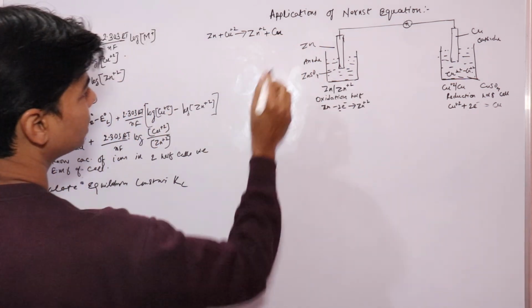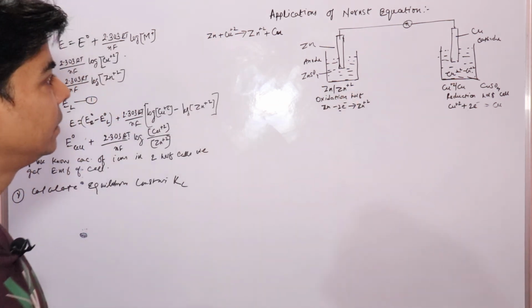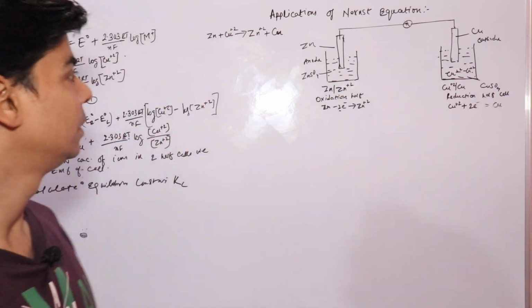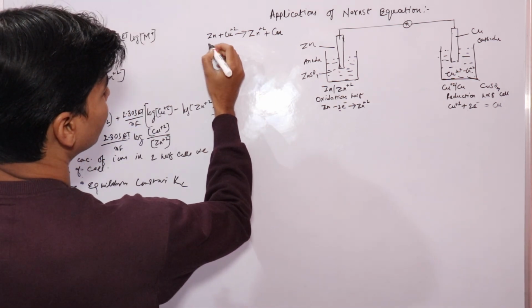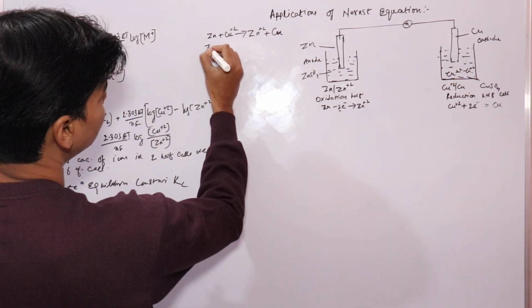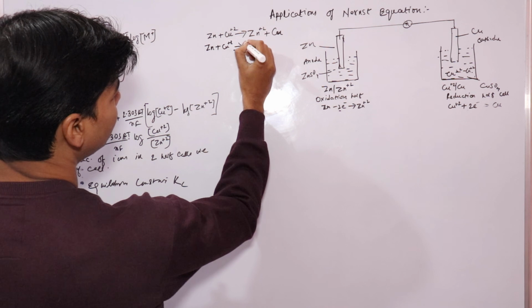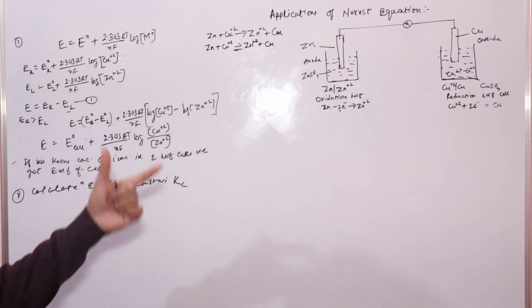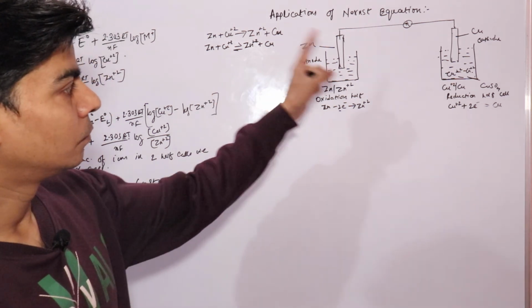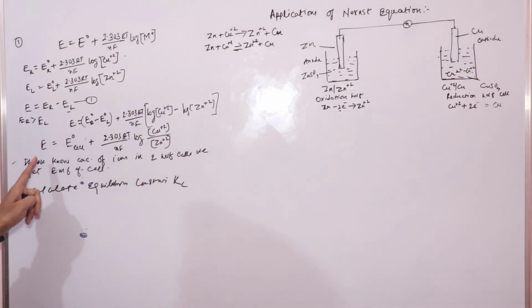Due to this reaction, the concentration of zinc ions is increasing and the concentration of copper ions is decreasing, because copper ions are getting reduced to copper metal. So when this reaction reaches equilibrium, I'll write the equilibrium sign, at equilibrium the EMF of the cell will become 0.